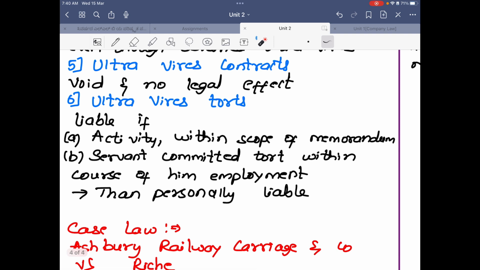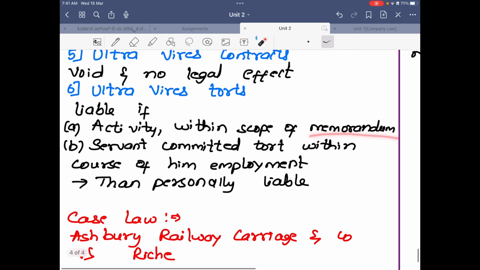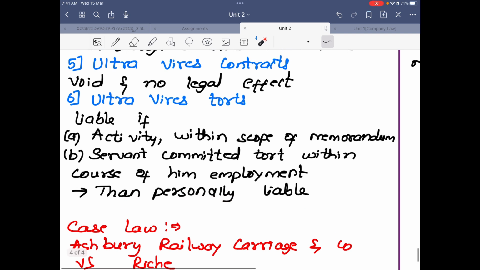The company is only liable if the activity is within the scope of the memorandum, so it should not be ultra-vires, and the servant committed the tort within the course of his employment. Only then the company's members will be personally held liable. So even torts cannot be done because it has to be within the scope of the memorandum.